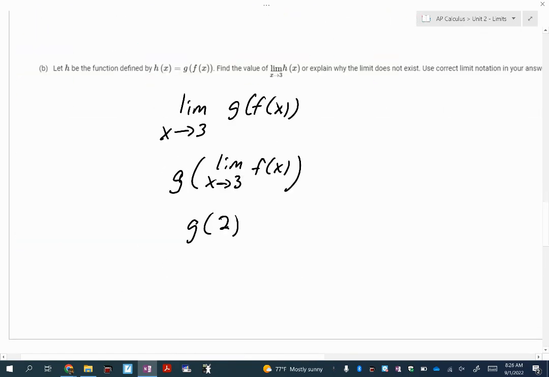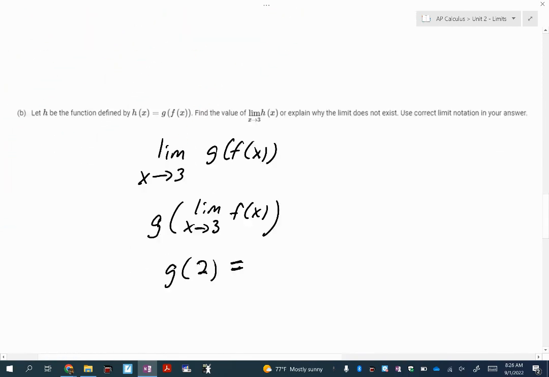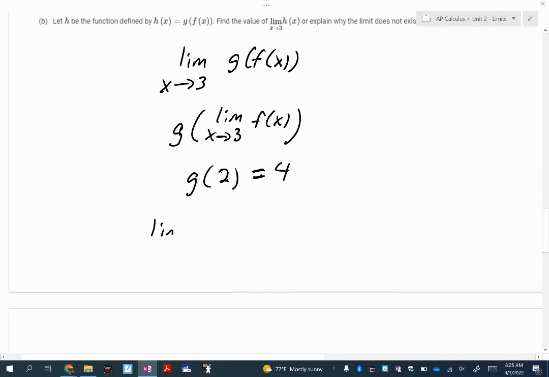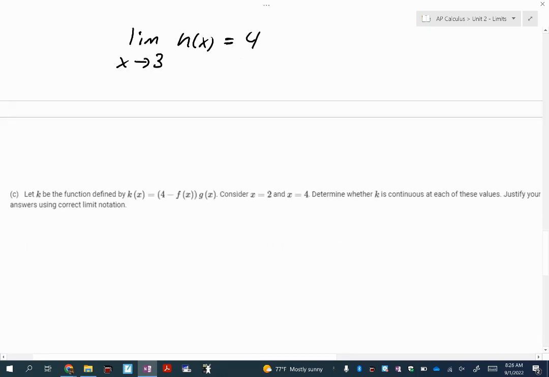So now, all I need to do is find g of 2, which, my closed circle, let me erase these now, my closed circle for g of 2 is 4. So after doing all of that, the limit as x approaches 3 of h of x is 4. Okay? All right, let's go to part C.